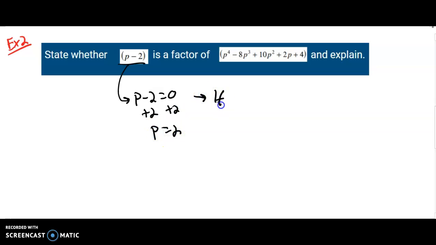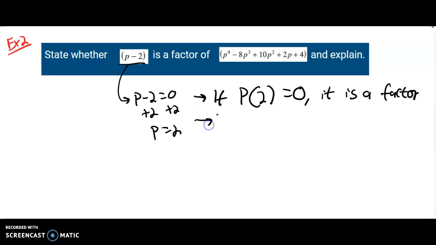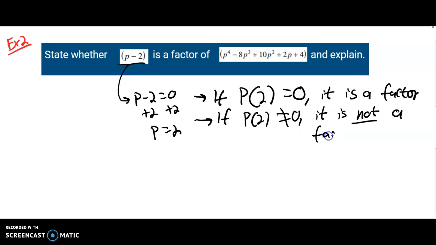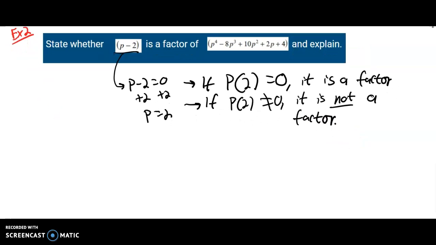So if p of 2 equals 0, it is a factor. If p of 2 does not equal 0, it is not a factor. Great, so let's start plugging that in.